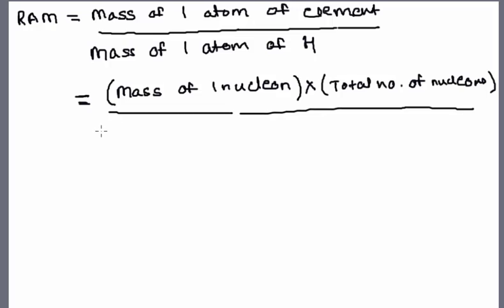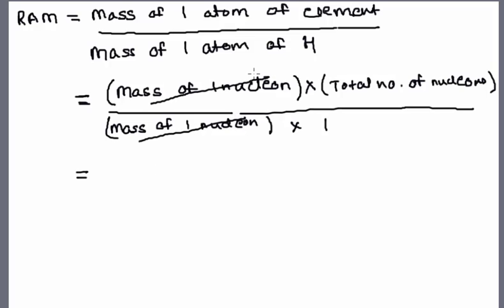Now hydrogen is the simplest atom which has just one nucleon. So for the hydrogen atom I will write the mass of one nucleon into the total number of nucleons in the hydrogen atom, which is 1. So now what happens in this definition is that the mass of one nucleon and the mass of one nucleon get cancelled out, and I am left with Rm equals the total number of nucleons.